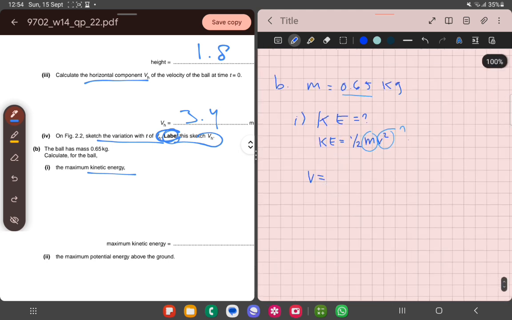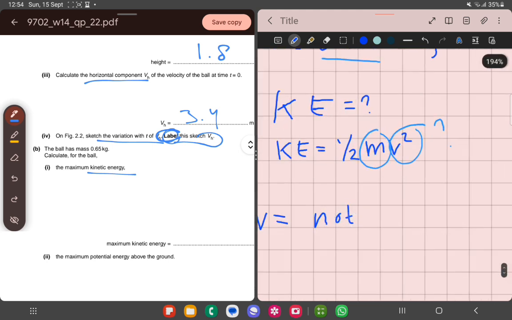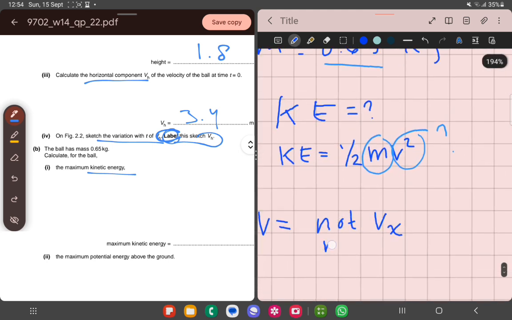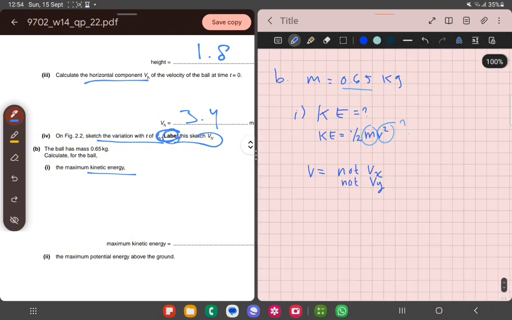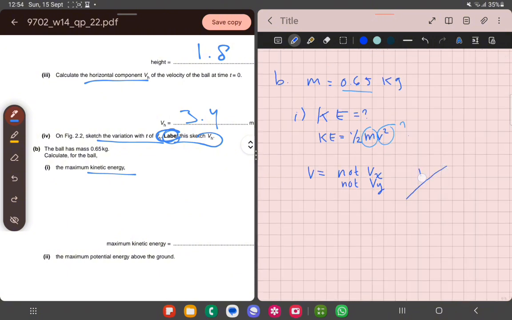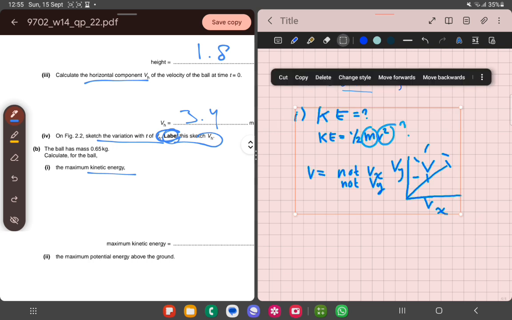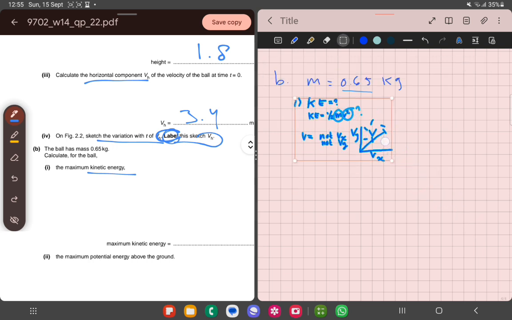Here the velocity is not the horizontal velocity nor the vertical velocity. So we have to find the velocity which is the diagonal line. How do we find it?